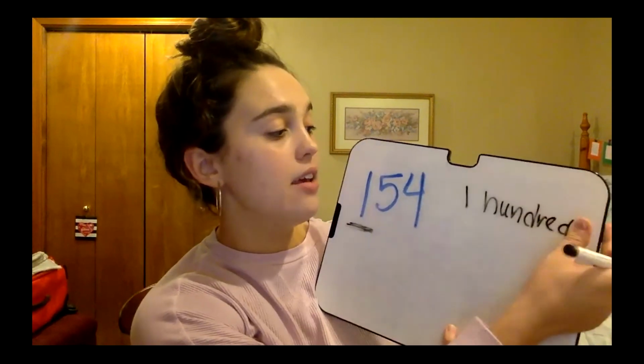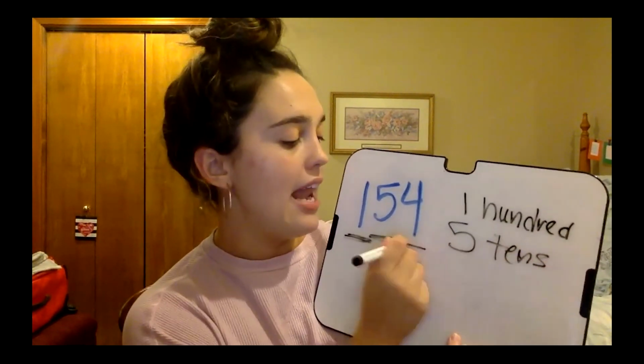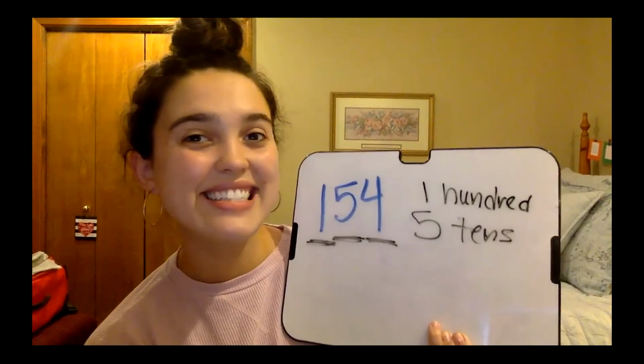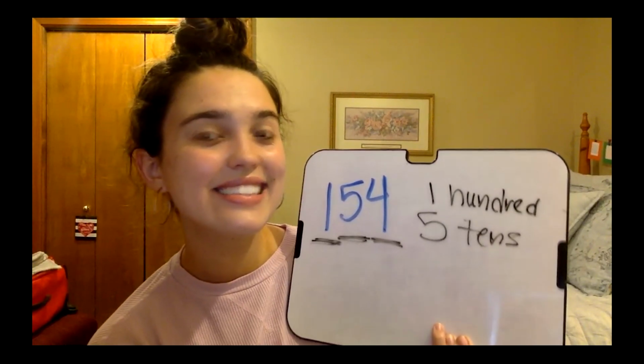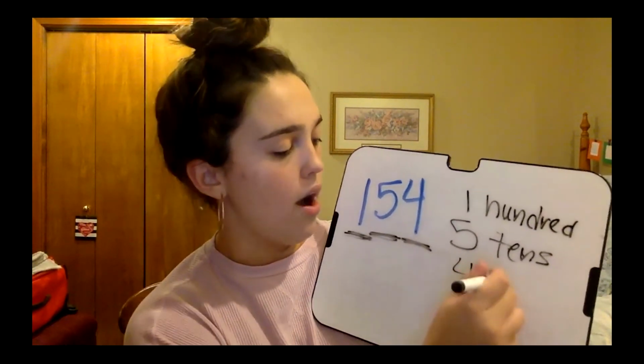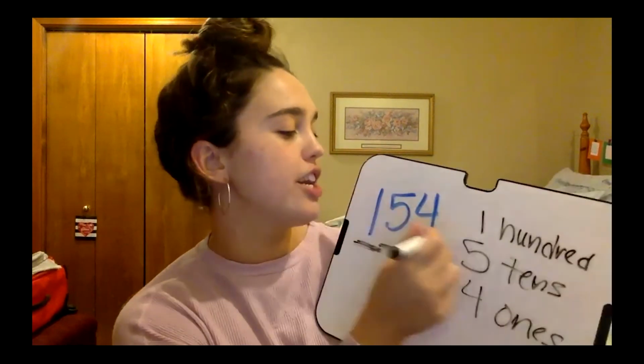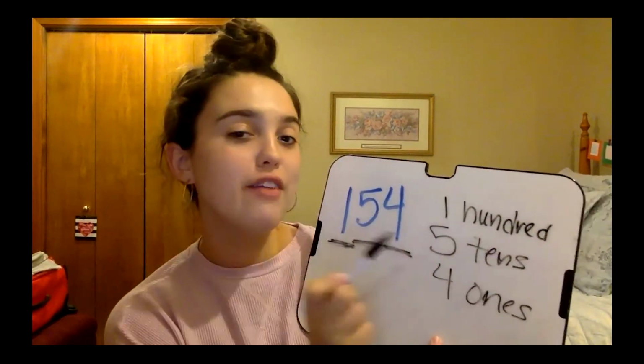How many tens? 5 tens. Awesome. And how many ones? 4 ones. And we know this is 154, 1 hundred, 5 tens, and 4 ones. Awesome job, you guys. That's just another method to decompose and take that apart.